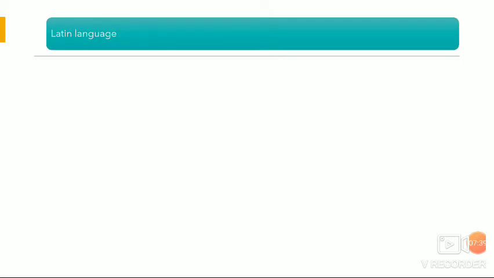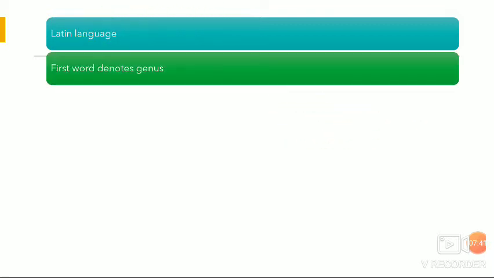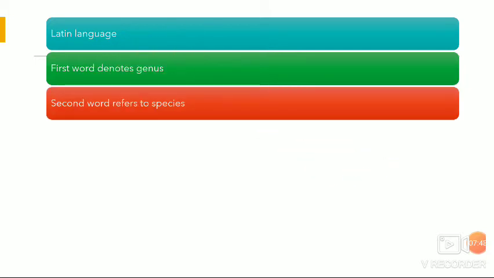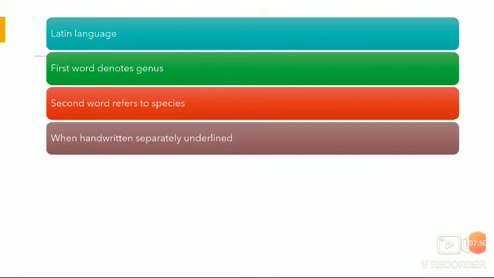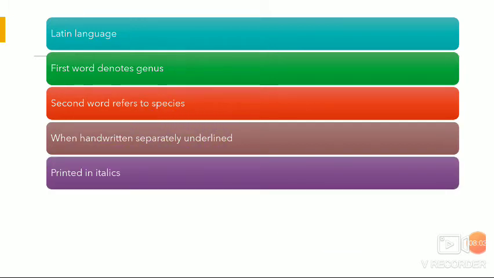Latin language is used in this, and the first word denotes genus and the second word refers to species. When we write these names by hand, both terms are separately underlined. If it is printed, according to binomial nomenclature, these are printed in italics.